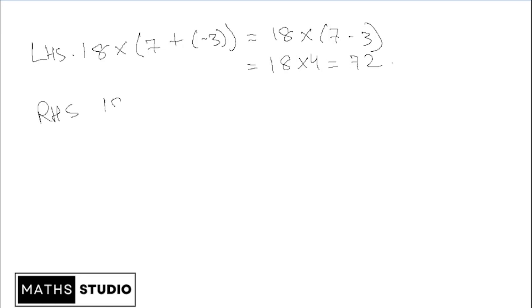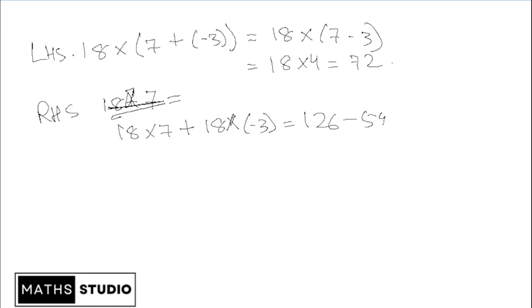RHS is 18 into 7 plus 18 into minus 3. So I get 126 minus 54, which gives me 72 again. So LHS is equal to RHS. So part B also can be done in the same way.